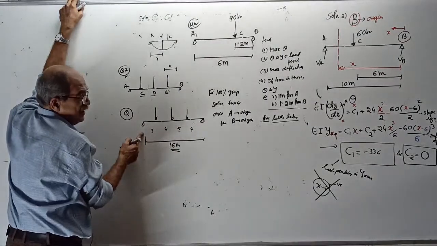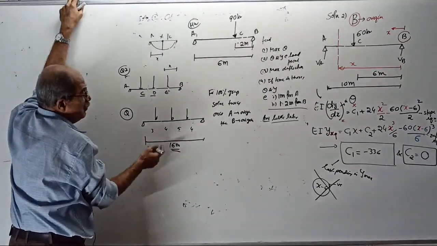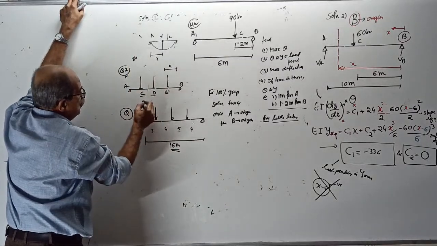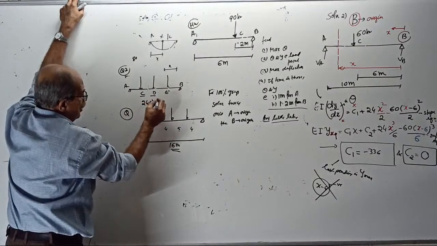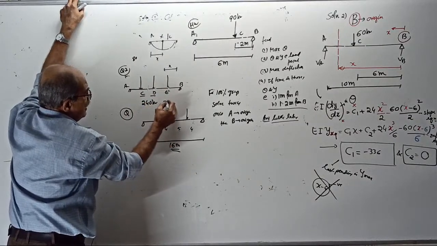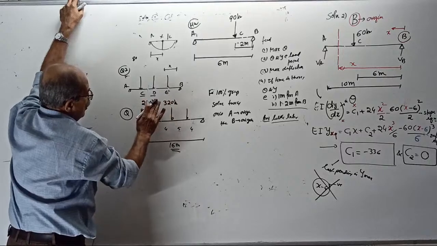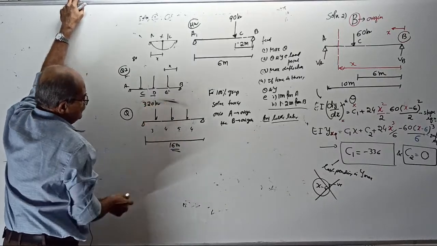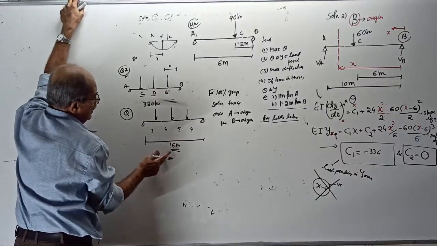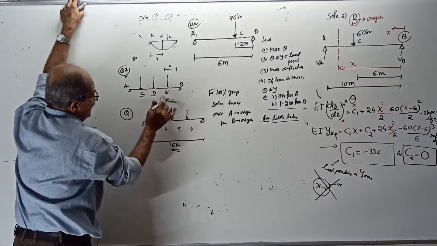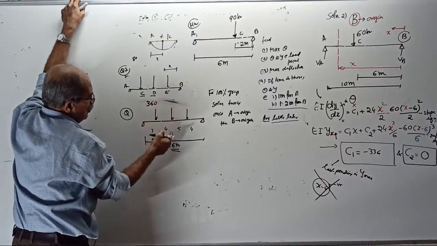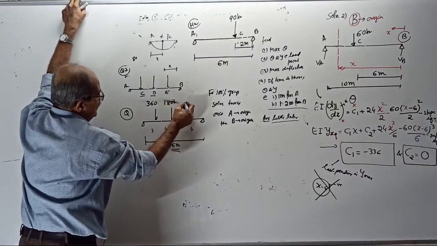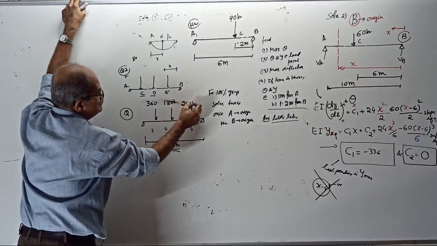I want a multiple of 80. 3 point loads of magnitude 240 kilonewton, 360 kilonewton, 180 kilonewton and 240 kilonewton.